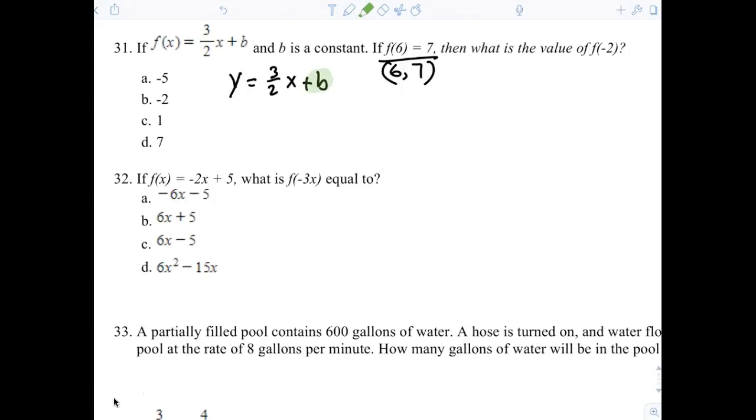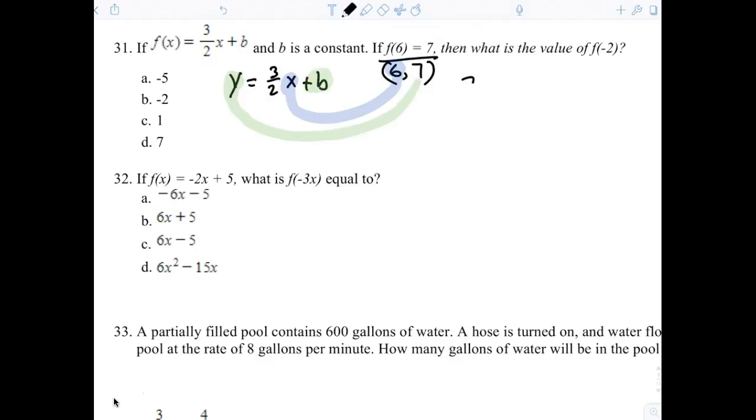So to figure out what B is, I plug 6 and 7 in for X and Y. Does that make sense? Yes. So now I'm going to plug 7 in for Y, and I'm going to plug 6 in for what? X. So here we go.